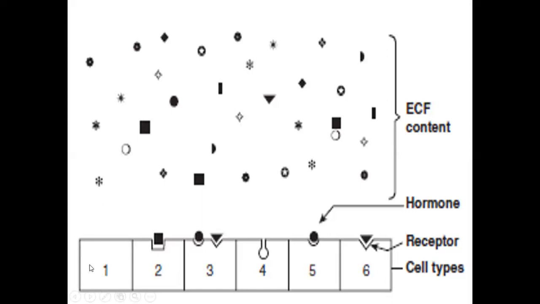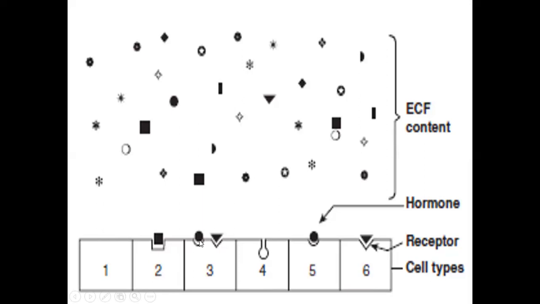Particularly, cell number 1 doesn't have any receptor for any hormones. Or a cell may have one receptor for a particular hormone, say, for example, cells 2, 5, and 6. A particular cell may have a receptor for several hormones, say, for example, cell number 3.